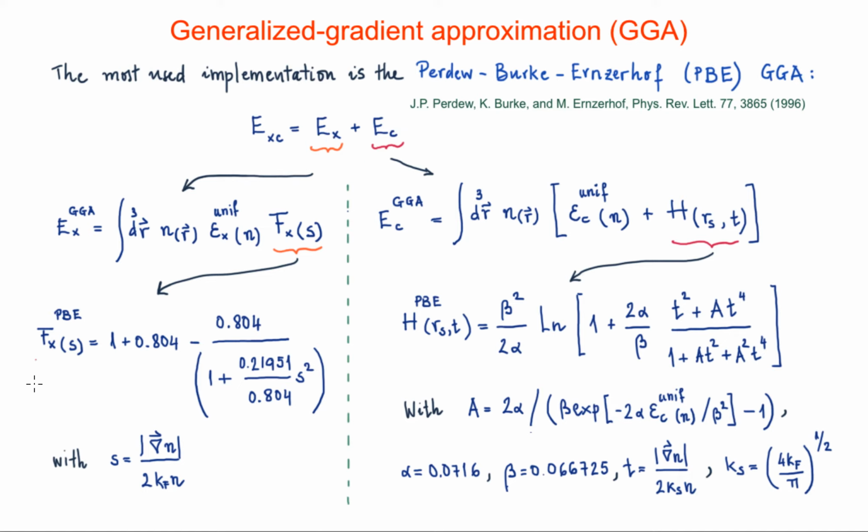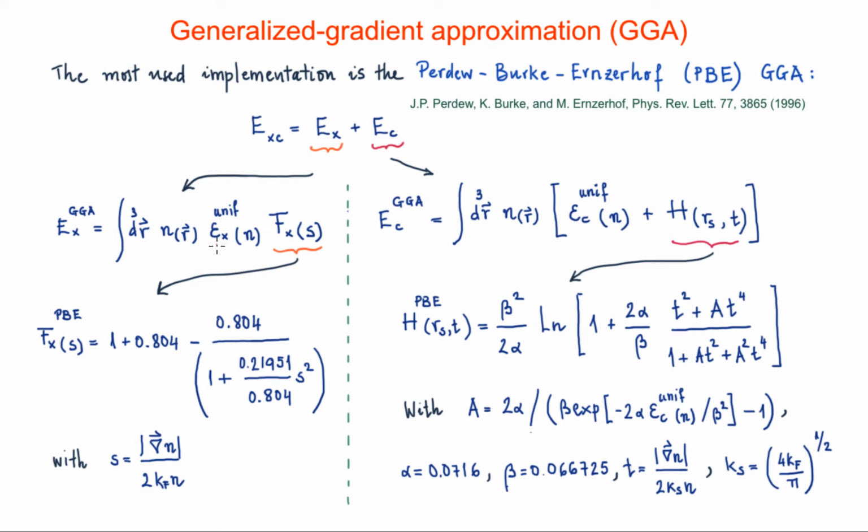Here we have the implementation for the exchange energy, and here on the right you have the implementation they proposed for the correlation energy, which is a bit more complex than the one for the exchange energy. They wrote the exchange energy for the GGA this way. You have the exchange energy of the uniform electron gas as a function of the density, which is actually the LDA approximation.